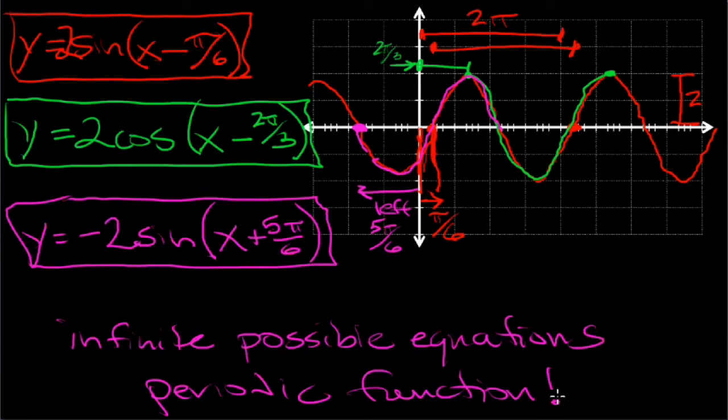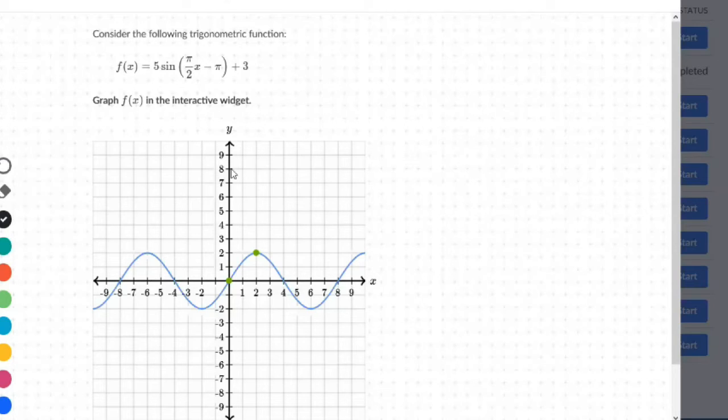left or right. First thing that you need to do is right away, this is not written correctly. And so first thing I'm going to do is rewrite this function. So let's say this is f of x equals 5 sine, and I need to pull this multiplier out so that in order to know the phase shift, it has to be x plus or minus a number, and that's it.